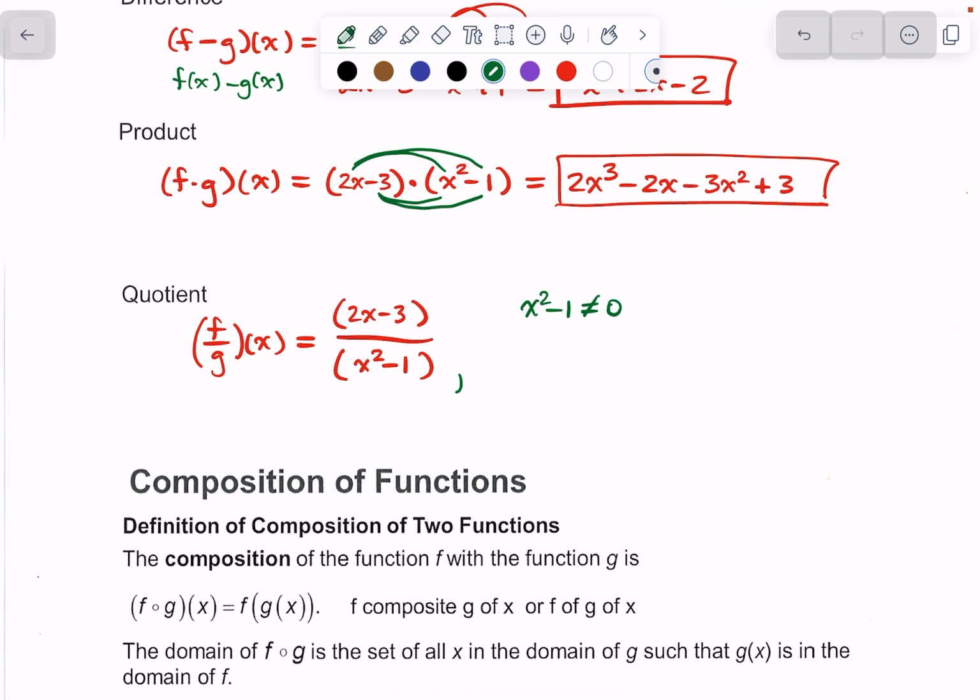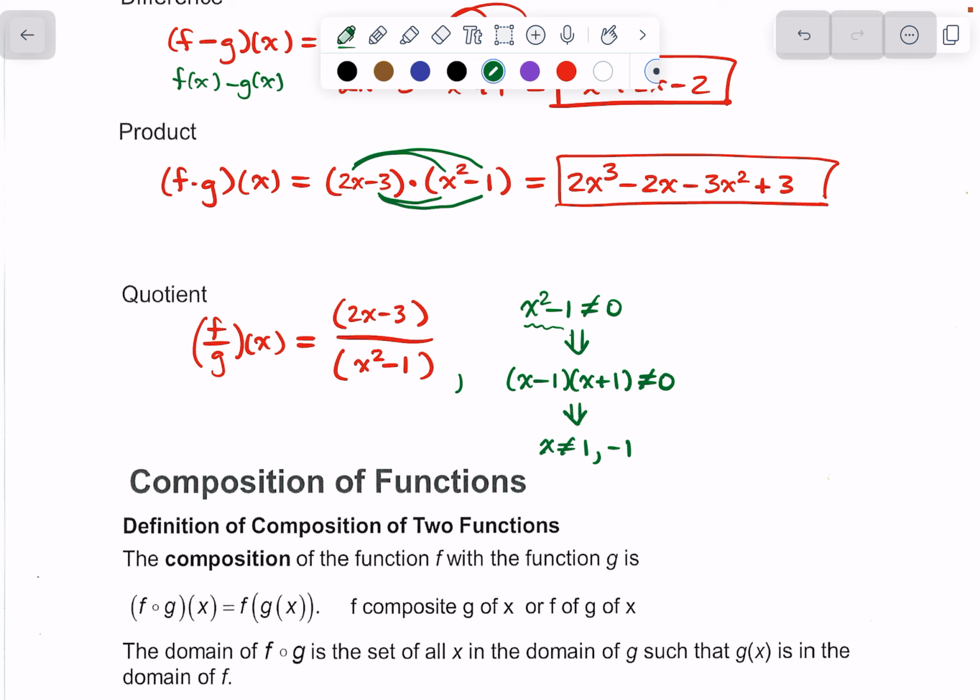Now, that actually has further implications, right? Because we could actually factor this and see exactly what x is not allowed to be. So if I factor it, I get x minus 1 times x plus 1 cannot equal 0. And so we can finally say, okay, well, we know exactly two numbers x cannot be. x cannot be equal to 1 or negative 1.